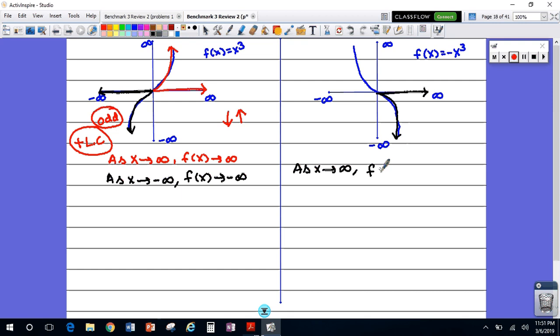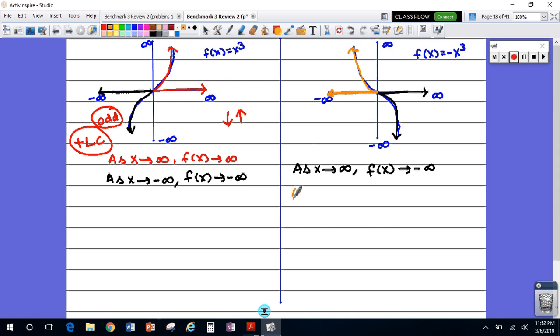So your f of x is tending to negative infinity. Okay. In the same way, suppose you are moving towards the left in this direction, then your curve is going up.